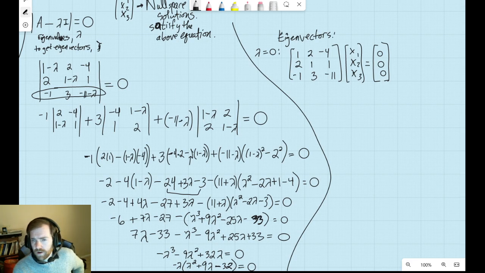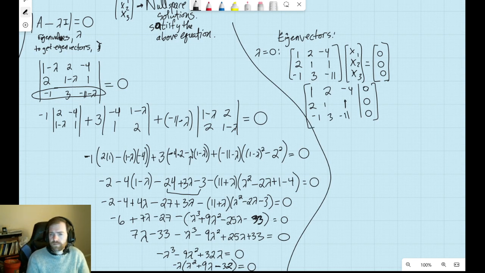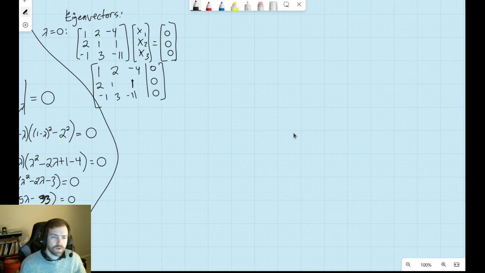So then here we can augment the matrix. 1, 2, negative 4, augment 0. 2, 1, 1, augment 0. Negative 1, 3, negative 11, augment 0. And by doing standard row operations for standard matrices, we should be able to show at least one of our eigenvectors, which I've got here, so hopefully I get the right thing.